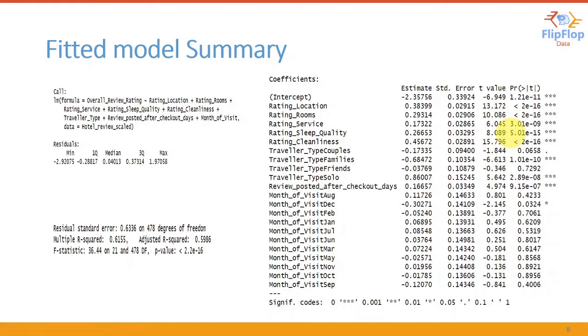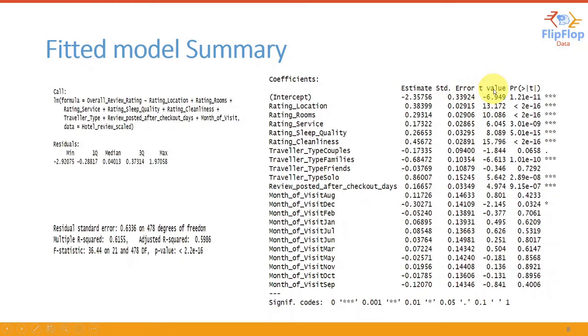Hence cleanliness is considered to be the most significant because it has the highest t-value. So the higher the t-value, the greater the confidence we have in the coefficient as a predictor. How is t-value computed? T-value is computed as estimate divided by standard error.